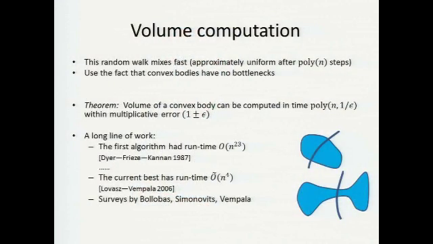A theorem here is that this random walk mixes fast, which means that after a number of steps polynomial in n, the point where you are is almost completely uniformly random in the body. You have generated a random point after a polynomial number of steps. I'm not going to prove this, but it uses the fact that convex bodies have no bottlenecks.